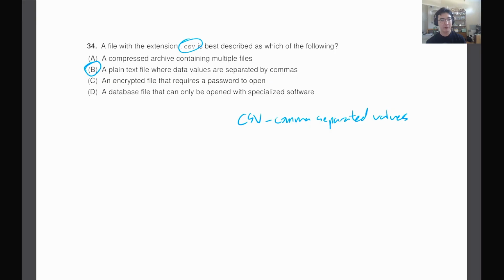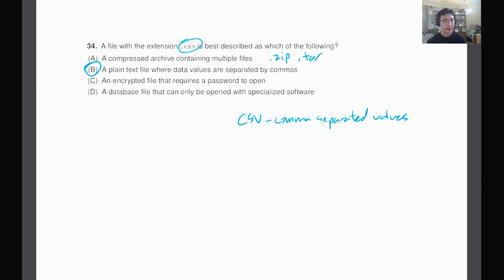This question really requires you to know that definition, CSV, and it's really hard for you to logic your way through each of these. But you might be able to come up with examples on the exam that might help you eliminate some of the other ones. For example, looking at answer choice A, a compressed archive containing multiple files, you might think of the zip extension or the tar extension.